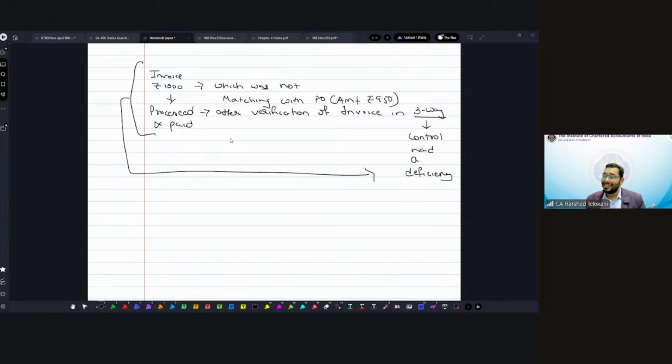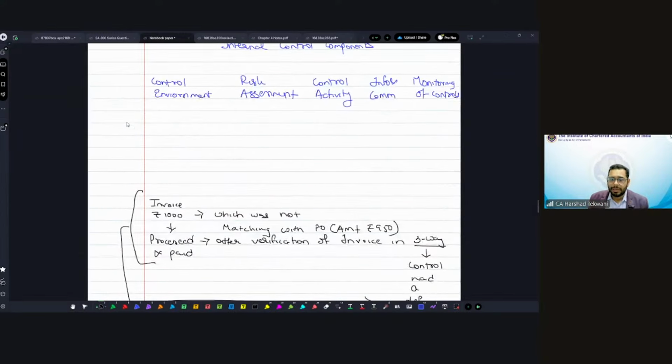Now let's say this is the only deficiency. This three-way match control had only this one single deficiency. Now, will you inform this deficiency to those charged with governance? Will you communicate this deficiency to those charged with governance?